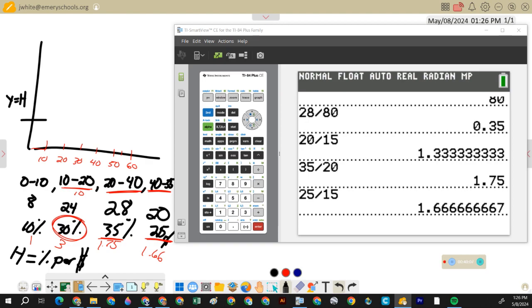So my highest box goes all the way to 3. This one has a width of 10 and a height of 1. And then the next one has a width of 10 but a height of 3. And the next one has a width of 20 and a height of 1.75.